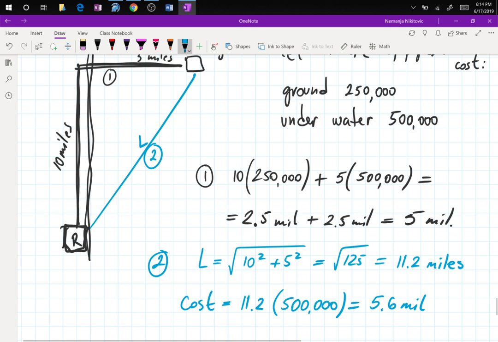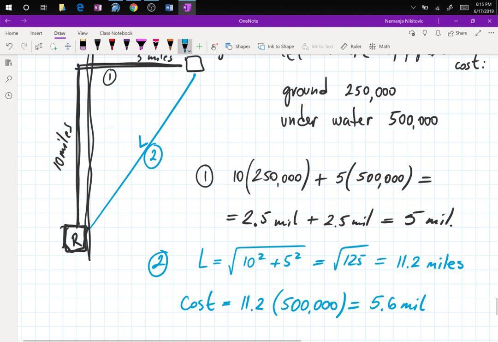So you see that it's $600,000 more to go the closest path, because of the cost for the underwater. You have to go to depth, you have to weld under the water. It's a lot of headache to put these pipes underwater. So of course they're going to cost more.